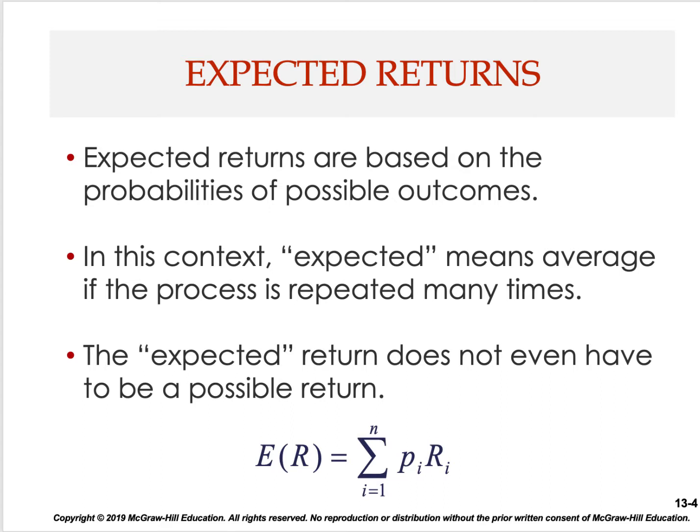So how do we calculate the expected return? Well, the expected return is just the sum of the probability of an event happening times the return that we would get if that event happens. Okay, so think about it this way. Let's say we're flipping a coin. If it's heads, I'll pay each of you $1.